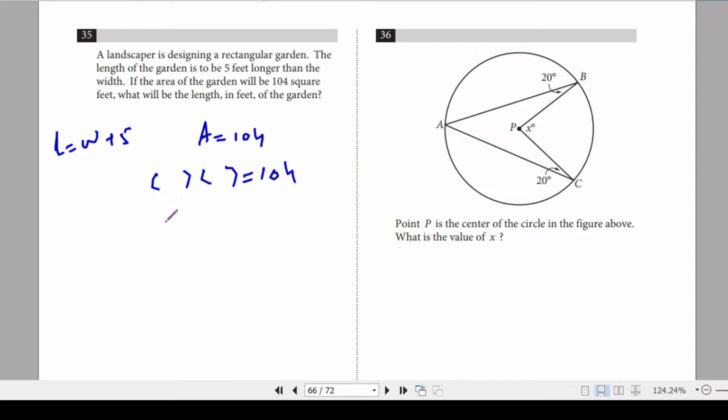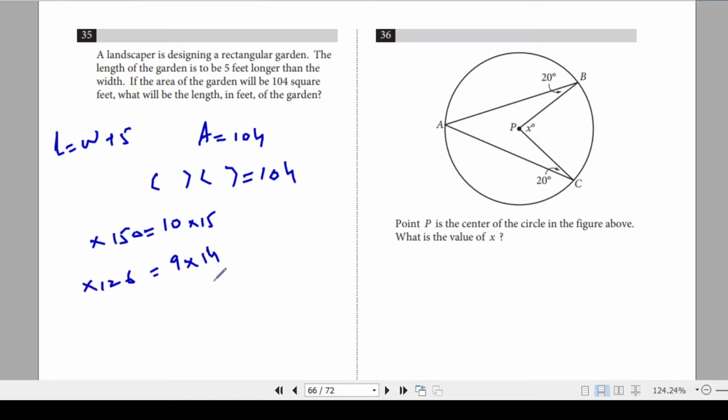So if I take 10 and 15, that is 150. So no, that's not the answer. So we have to come a bit lower. So if I make it 9 and 14, the difference is again 5. The product will be 9 times 14 is 126. Not yet, it's 104.